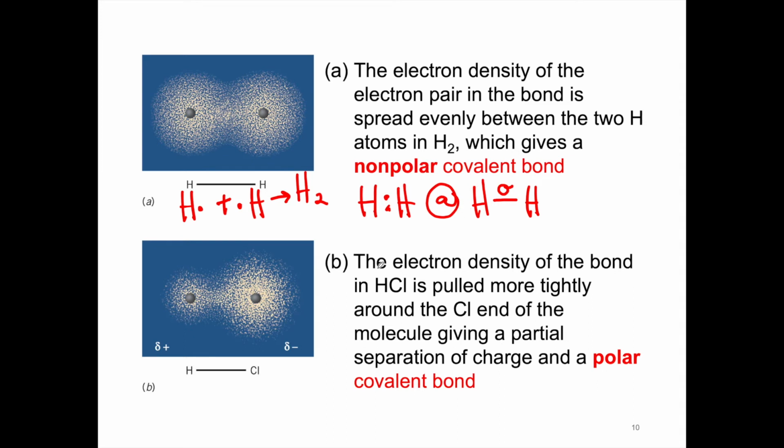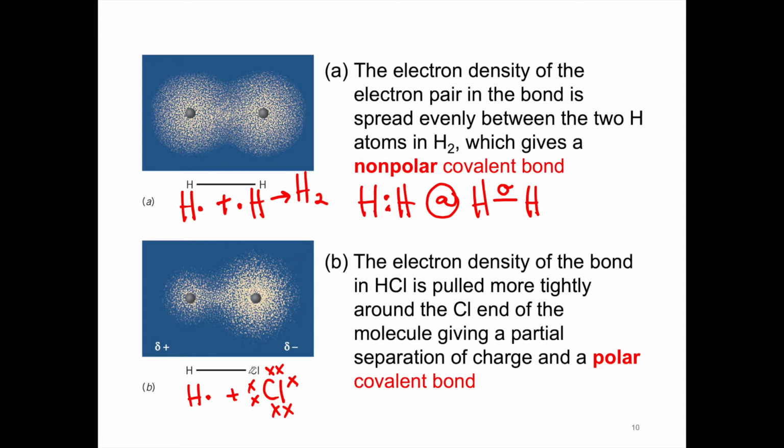For our second situation, let's say we have different kinds of atoms. For example, we have one hydrogen, which shares one electron, and chlorine, where the valence electron of chlorine is 7.